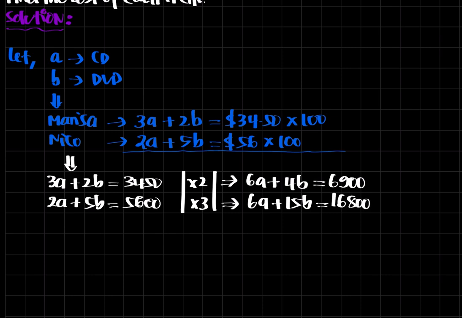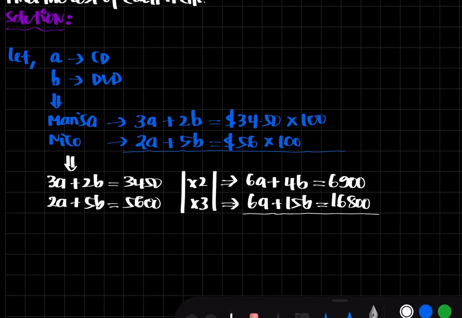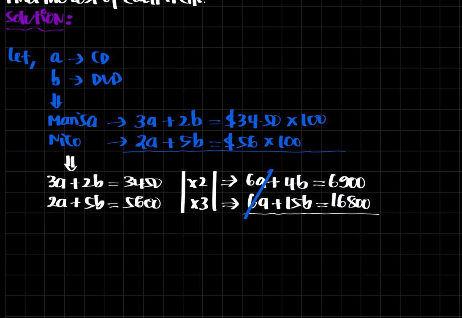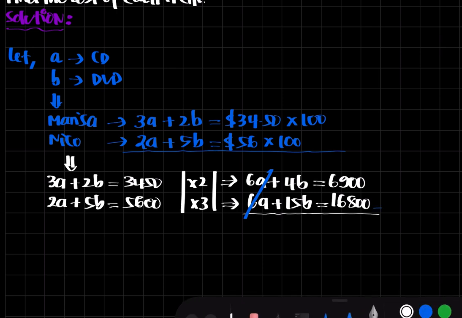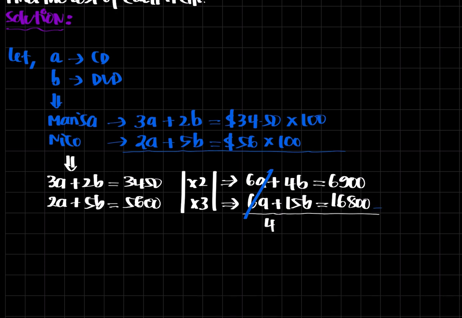Then subtract. The next step is 4B minus 15B, and 6,900 minus 16,800.